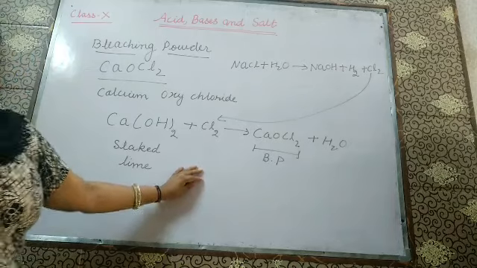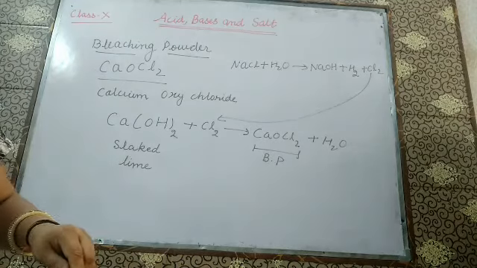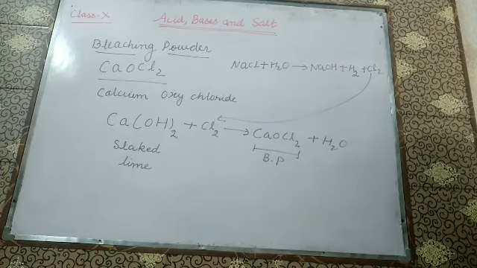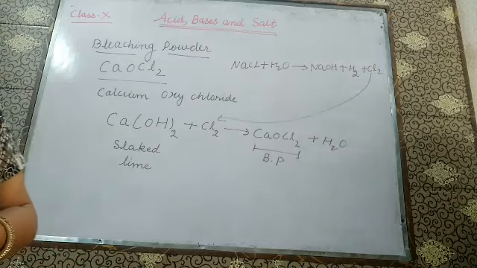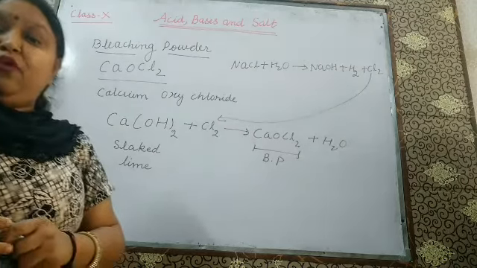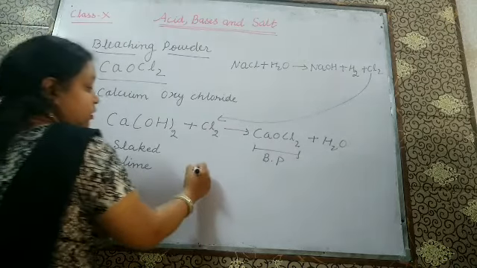Now let us do some uses of bleaching powder. Where is bleaching powder used? Bleaching powder is first of all used in bleaching cotton, in the textile industries, also for lining formation.